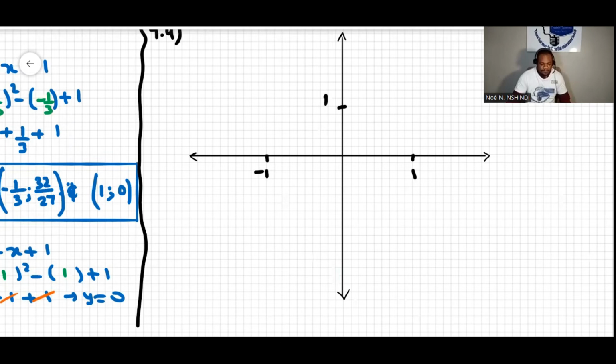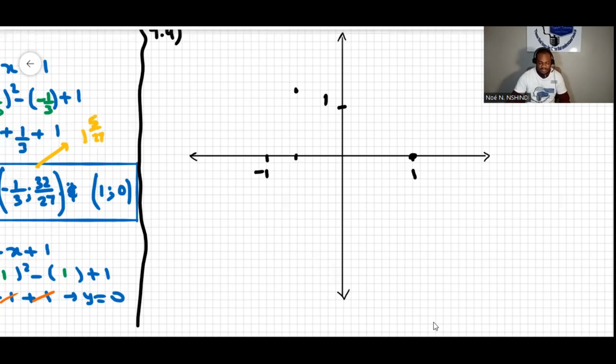Then the points now, those were the x-intercepts and y-intercept. Now the turning points are (-1/3, 32/27). As I said earlier, this is just 1 unit and 5 over 27, so a little bit more than 1. So -1/3 must be somewhere here, and then a little bit up there. So turning points there, and the other turning point is also over here.